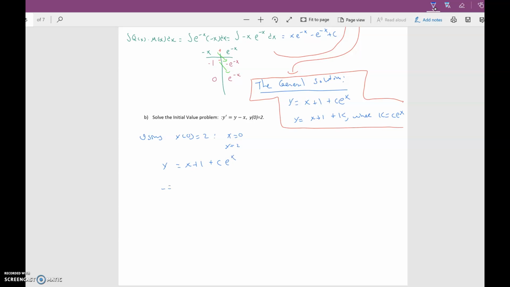So 2 is equal to 0 plus 1 plus c e to the 0, or 2 is equal to 1 plus c. Subtracting 1 gives you 1 is equal to c.